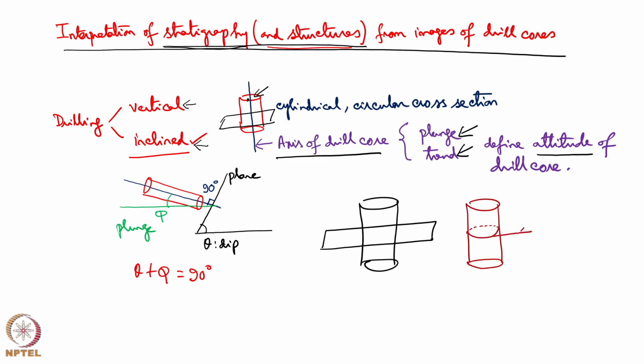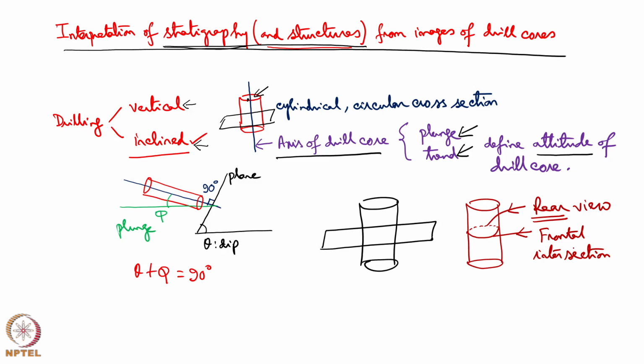This solid line indicates the frontal intersection, whereas this dash line indicates the rear view. Rear means one which is far away from the viewer, and if the viewer goes to the opposite side, then the rear view becomes the frontal view and the frontal view becomes the rear view.